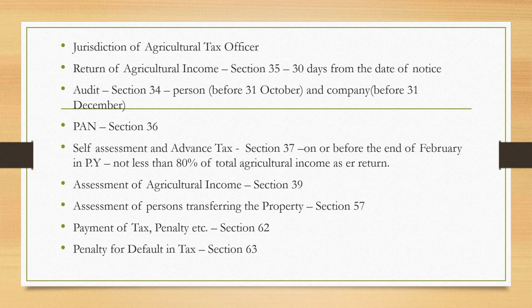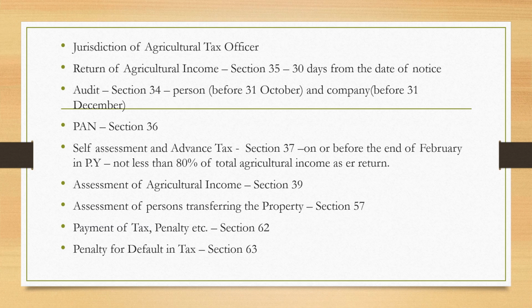Now, an assessee transferring his interest in any land in the state to another person shall give the agriculture income tax officer a notice of such transfer within 15 days thereof. So, after the transfer, within 15 days, the notice shall be given to the agriculture officer.